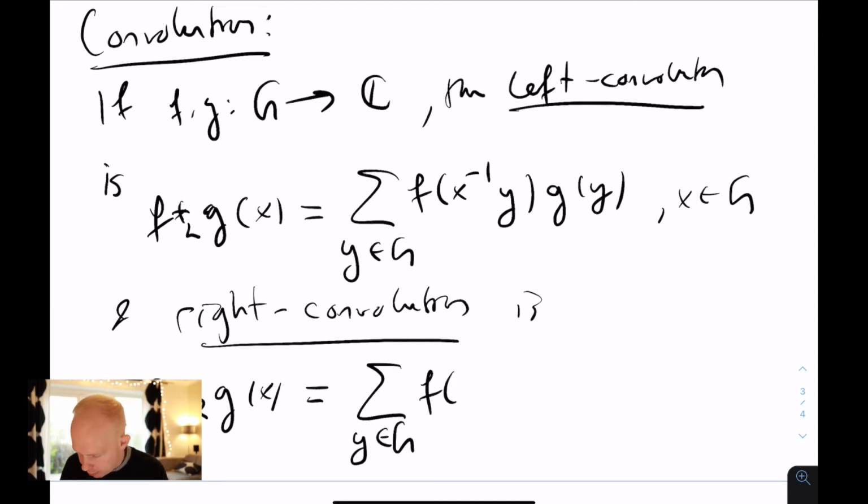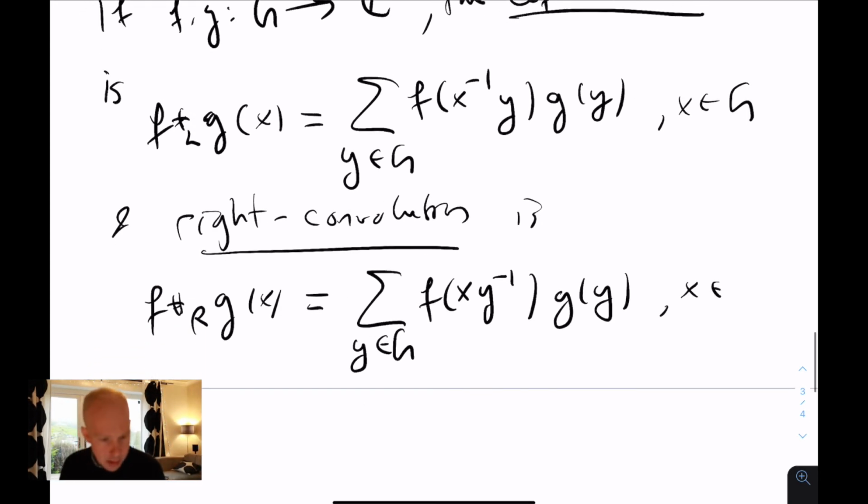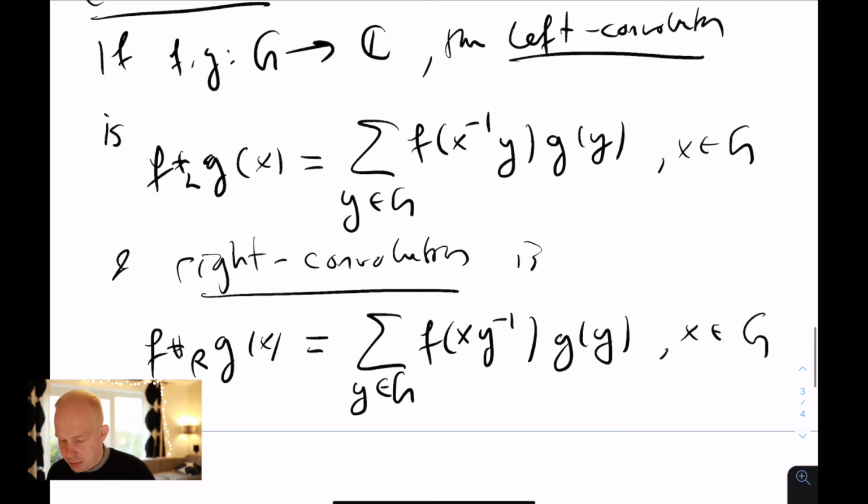So the multiplication here is now x y inverse, f of x y inverse times g of y, for x in G. You can think of it as going around both ways, but it gives you a different type of evolution for the random walk.